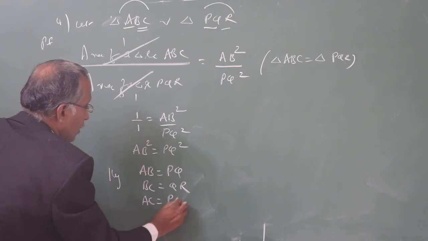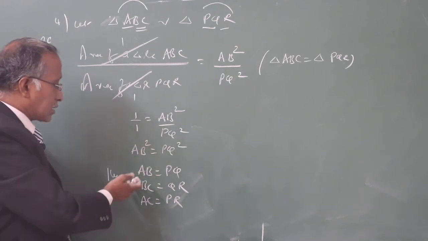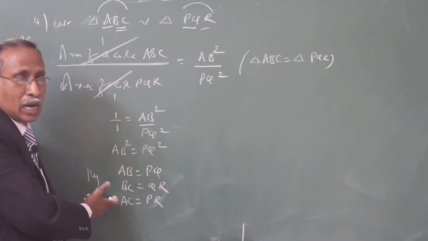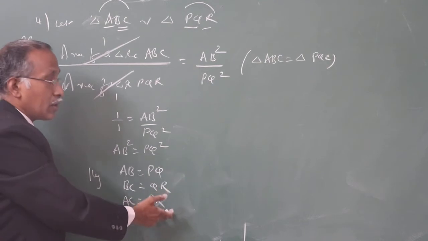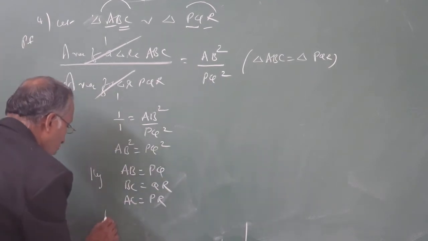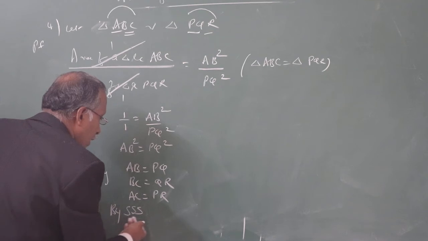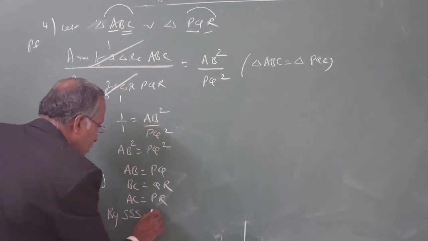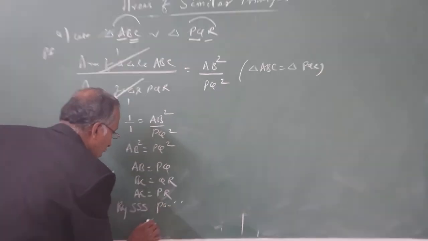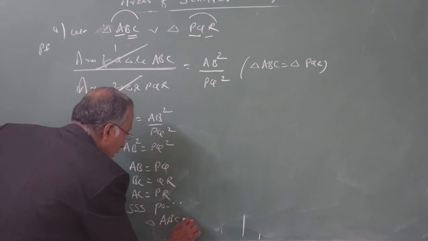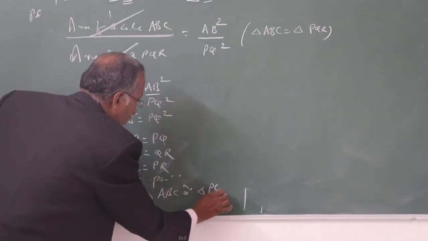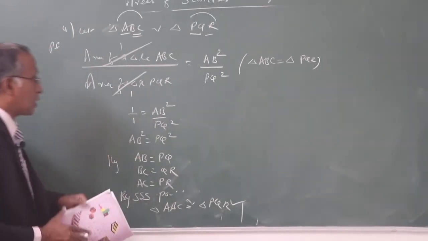Now look at that. Sides of triangle ABC equal the sides of triangle PQR. Therefore, by SSS postulate, we say that triangle ABC is congruent to triangle PQR. That's what you have to prove.